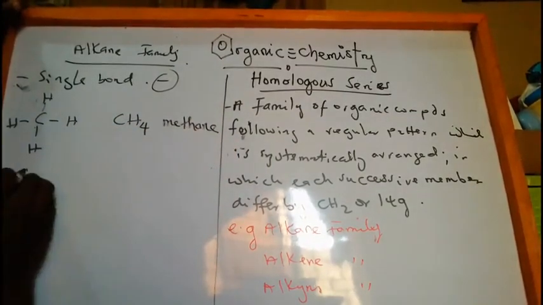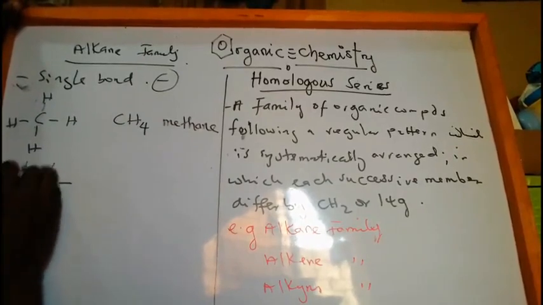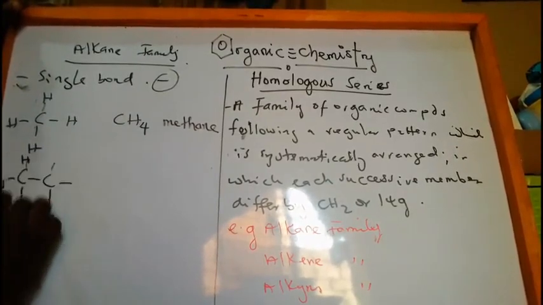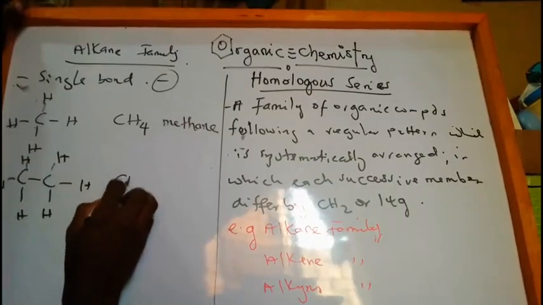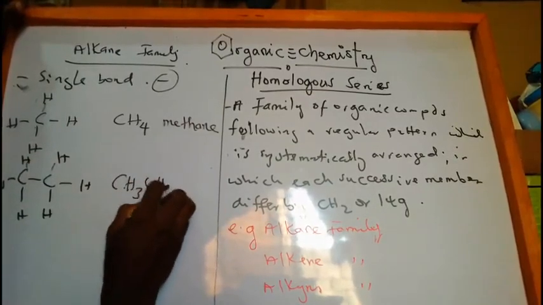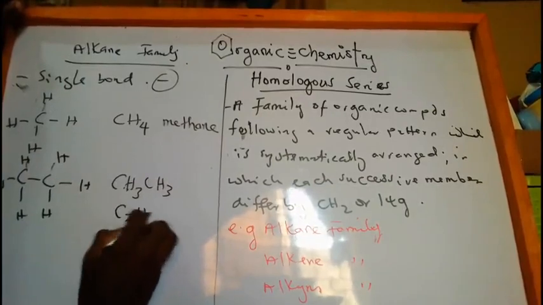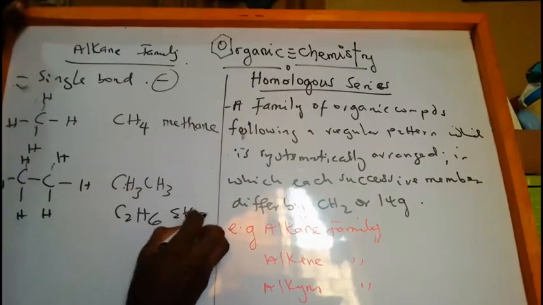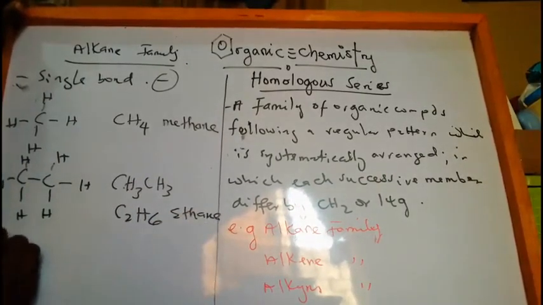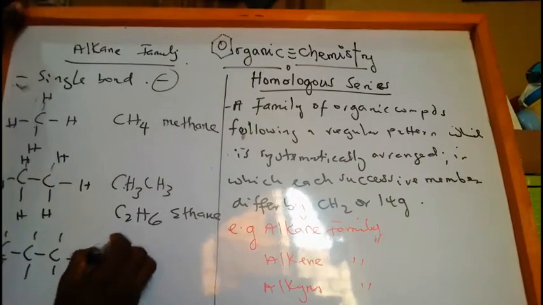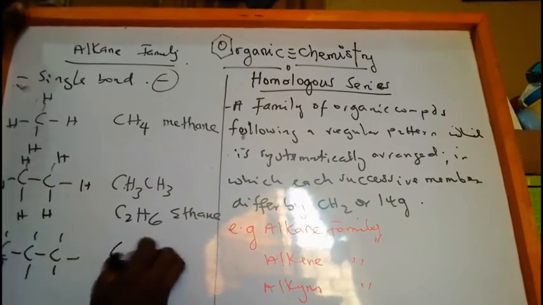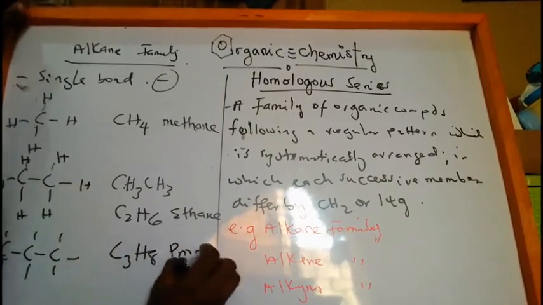The second member is C2H6, that's ethane. The next member will be C3H8, so that's propane.